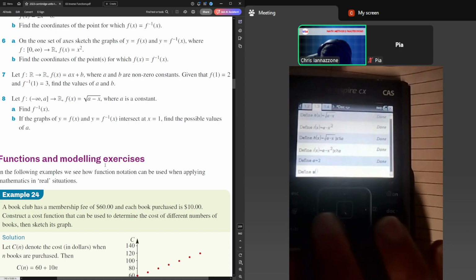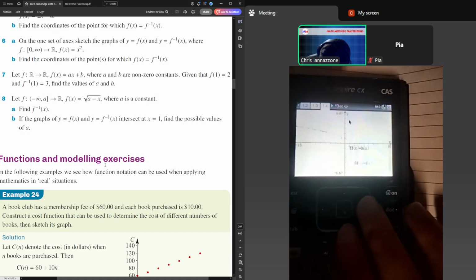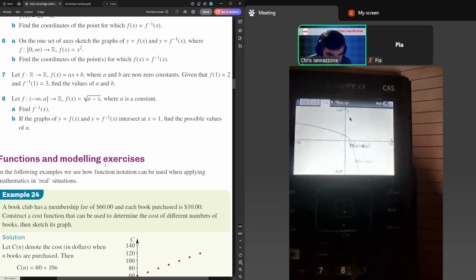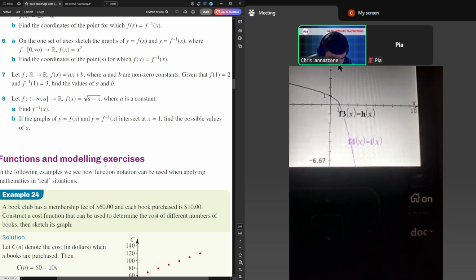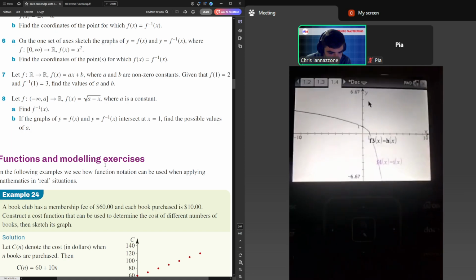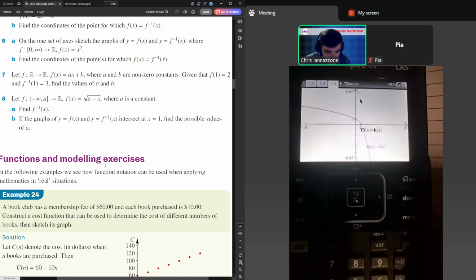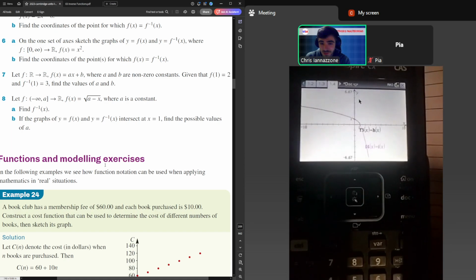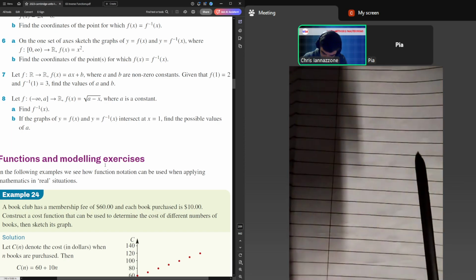And if I define a equals 1, okay, well that's interesting. So only a equals 1 actually works. That's the only way they actually intersect at x equals 1. So yeah, definitely was worth the exploration, because if we didn't, we would have got it slightly wrong.